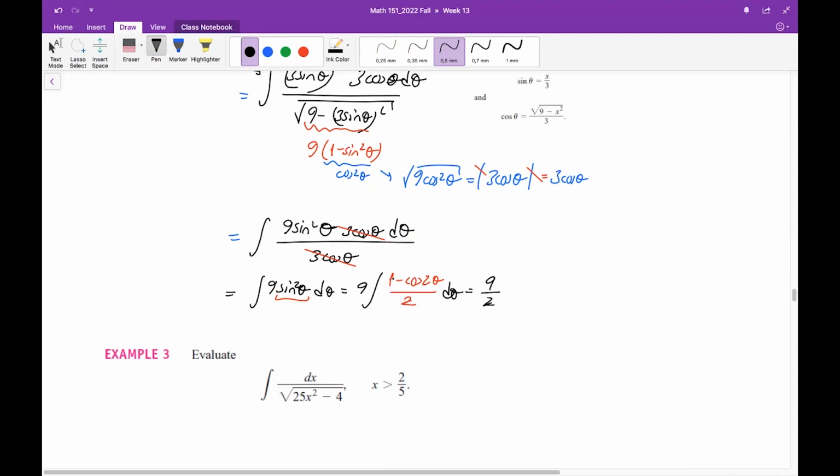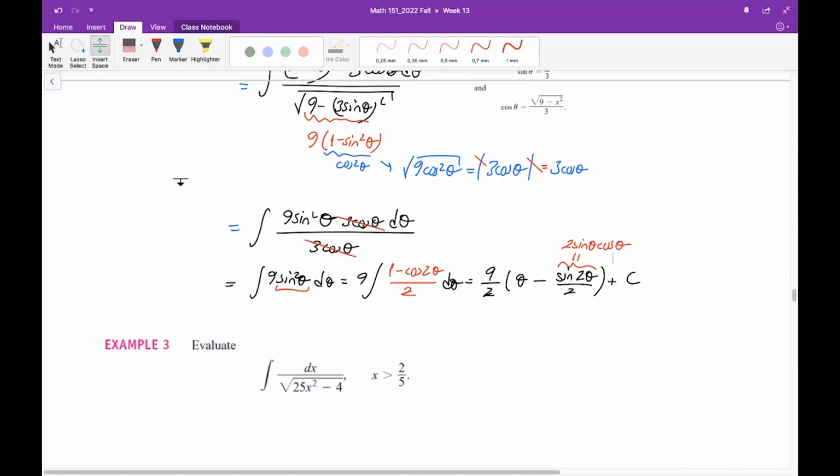What is the integral of 1 with respect to theta? It is theta minus the integral of cosine 2 theta, so it is integrated as sine 2 theta over 2. And then you need to put an arbitrary constant c there because you are dealing with an indefinite integral. And for this thing, you can put this trigonometric equality.